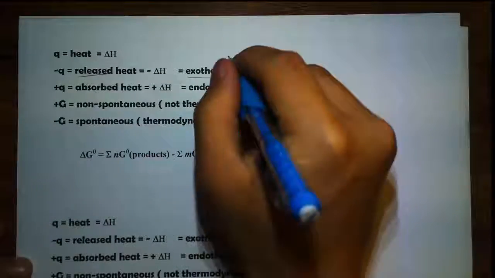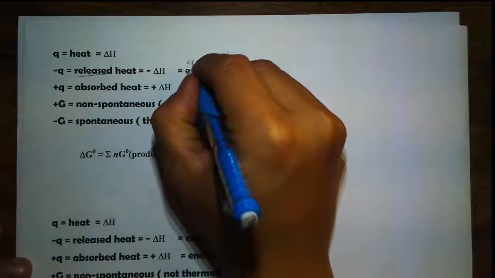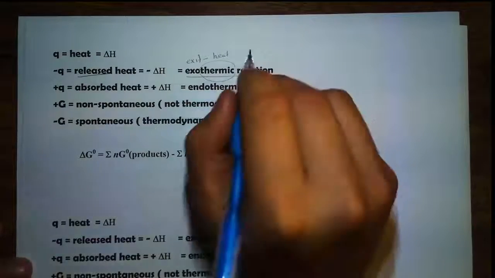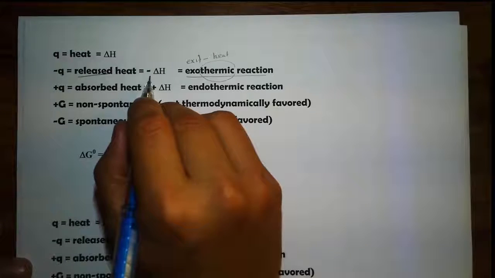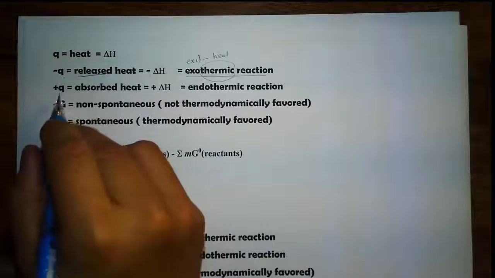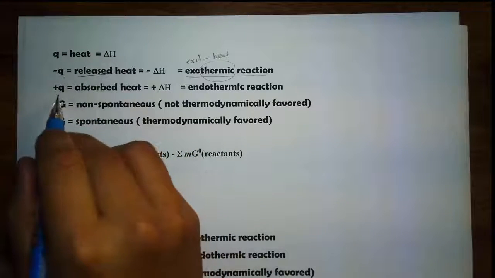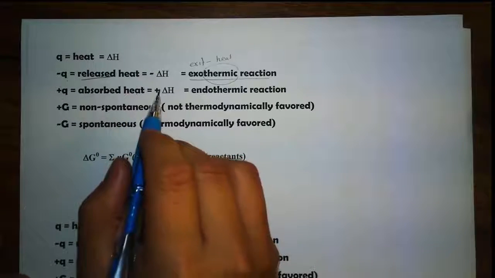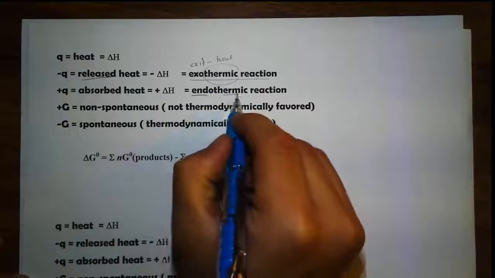Now exothermic, this is heat, or energy. Exo means exit, so the heat is exiting the reaction; you are releasing it. So right away, when I give you an exothermic reaction, you have to know that it is negative delta H and negative Q. Let's look at the opposite, where we have positive Q, and positive Q equals positive delta H. Instead of releasing heat as in exothermic, we have endothermic.